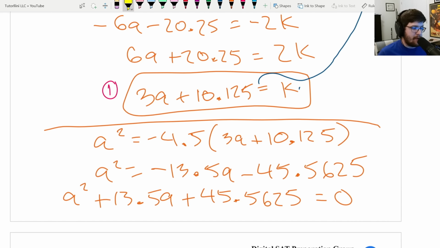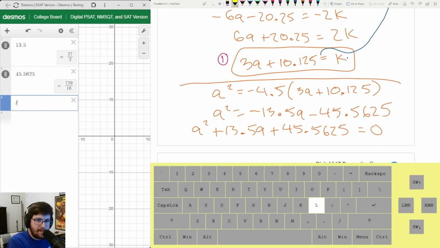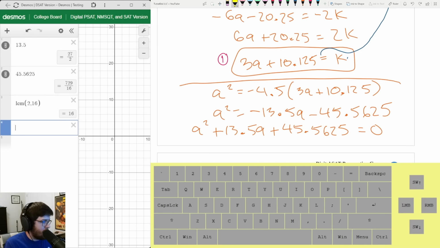Okay, now what the heck am I going to do with all these decimals? Well, let's look over here. 13.5 has a denominator of 2, and 45.5625 has a denominator of 16. So the LCM of 2 and 16 is, of course, 16.